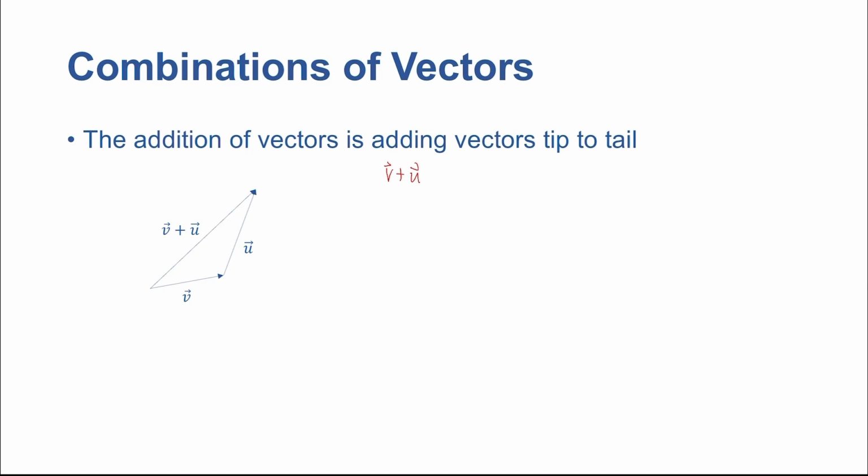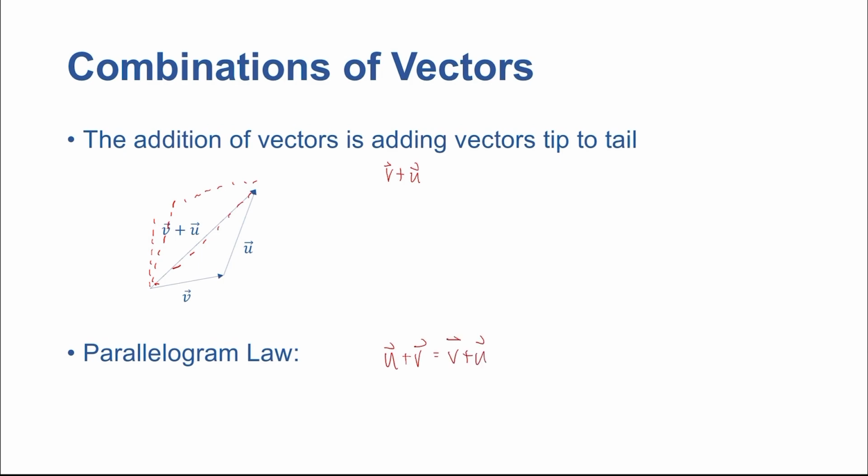So we make a new vector, and this vector is v plus u, okay? And we have a law called the parallelogram law, which says that if I elect to do u before v, if I do u here, then I do v there, then that's going to yield the same sum. So the parallelogram law says that u plus v equals v plus u.